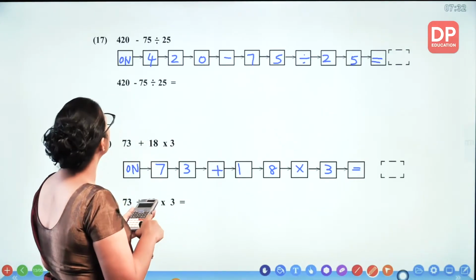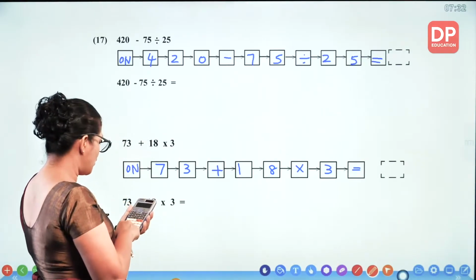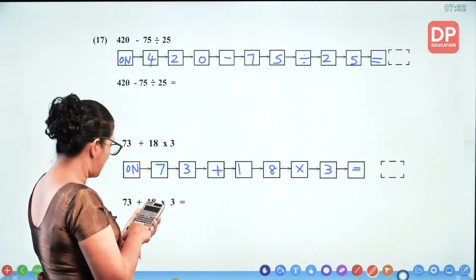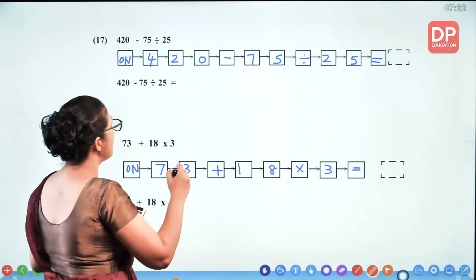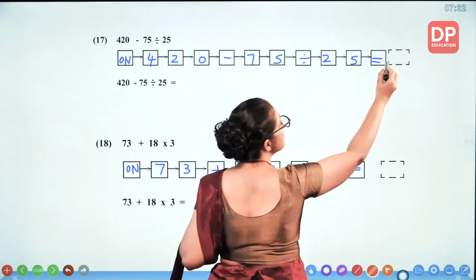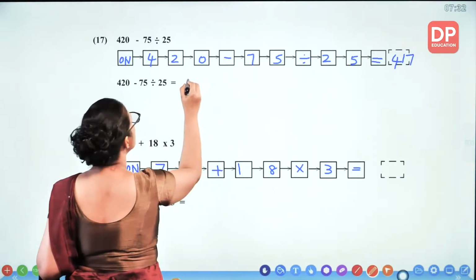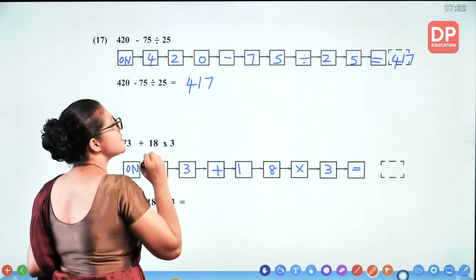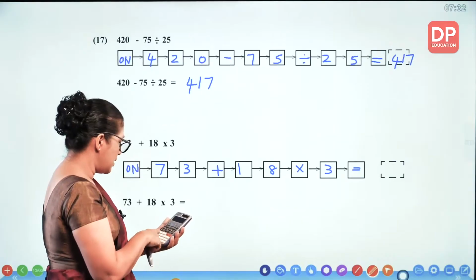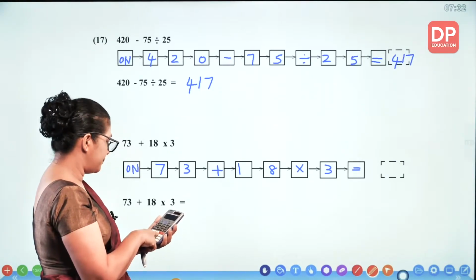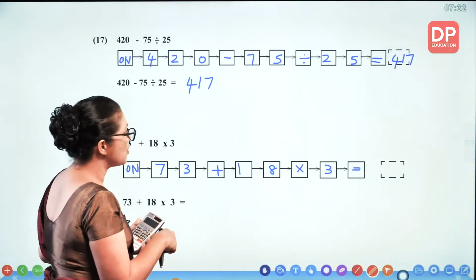So we'll see the answer. 420 minus 75 divided by 25 is 417. This one, 73 plus 18 times 3, is 127.